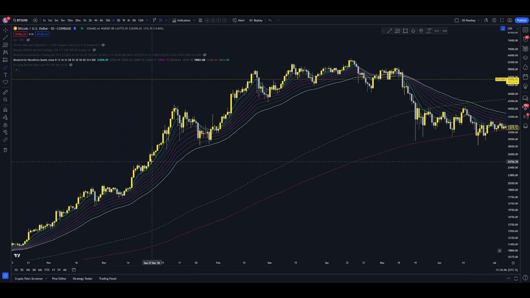Because once you break the 8, price tends to move towards the 30 or the 60, aka the bands, right? And that's pretty much what we have happen right here. We find support down at the bands, and then we reclaim the 8 EMA in here, and we once again have a new uptrend on our lower time frame, okay? And then we lose the 8 EMA here, and that's a new downtrend on the lower time frame.